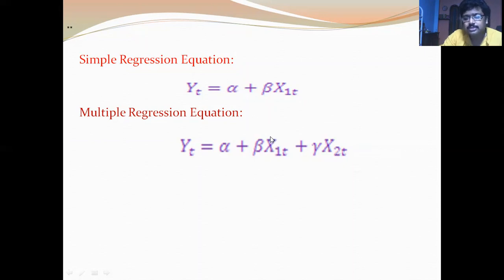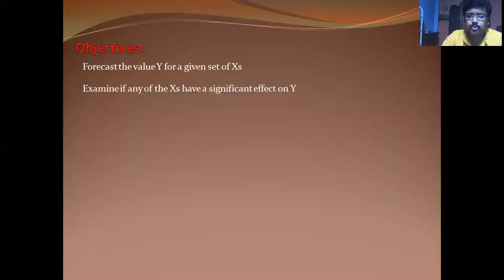Whether x1t has a significant effect on y, and whether x2t, that is the assets of a family, do have a significant effect on the dependent variable, consumption expenditure, it is a matter of concern in regression equation. Okay, so these are the objectives of regression analysis.